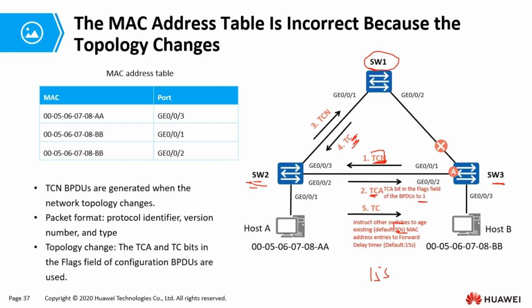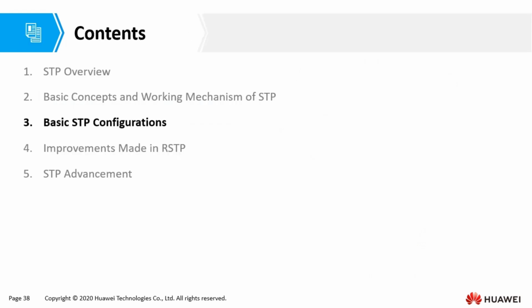Otherwise your data will be lost because it would still go through a broken link. So they use TCN, TC, and TCA notifications to delete the old MAC address entries after the forward delay time instead of the default 300 seconds.